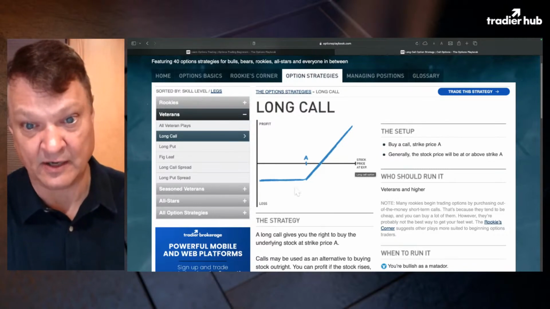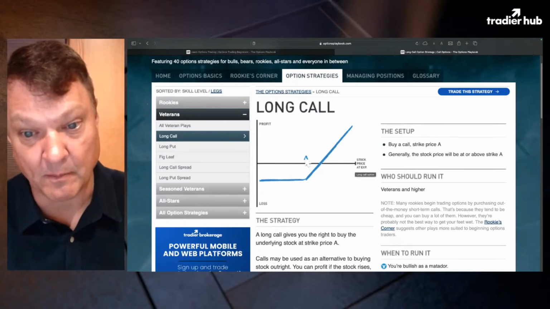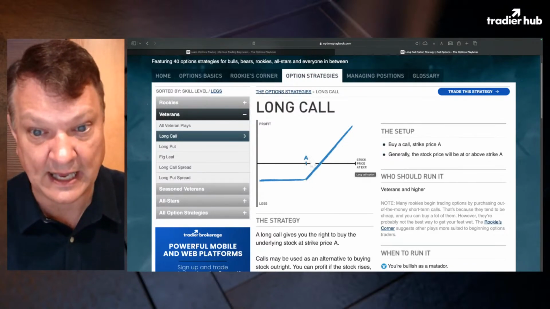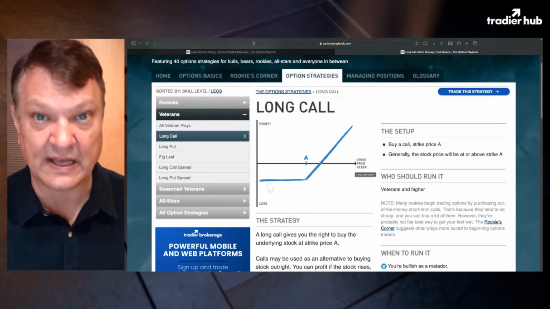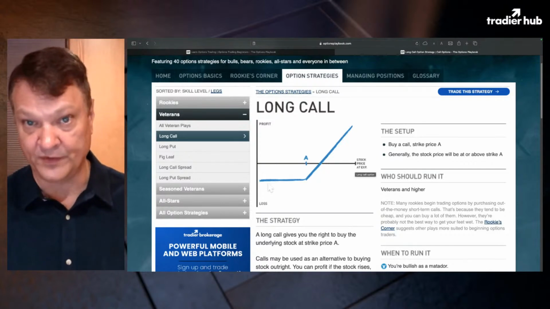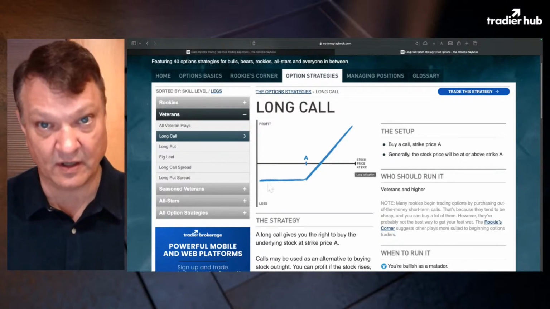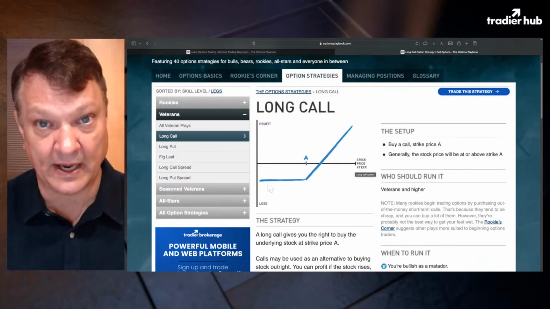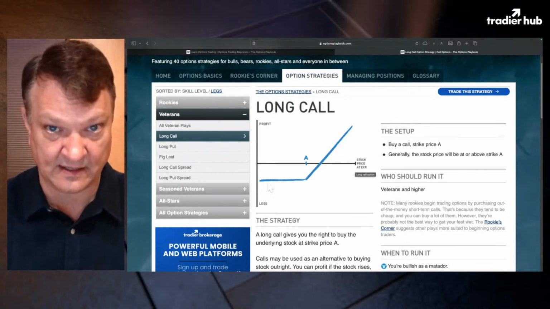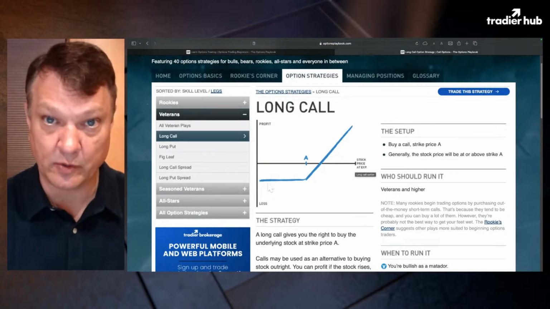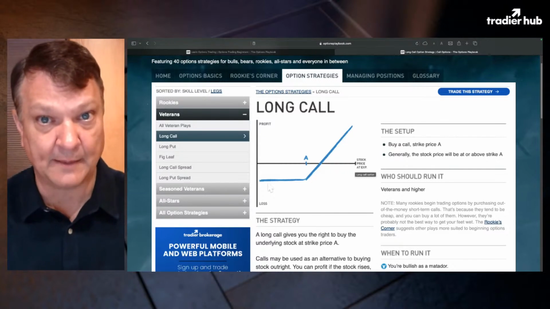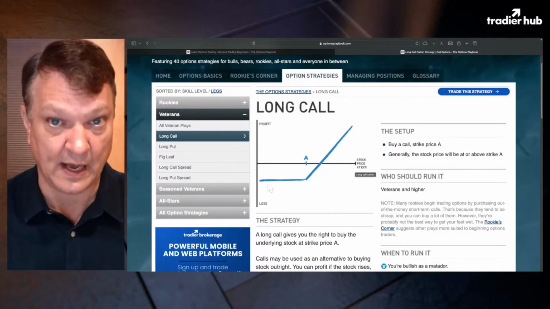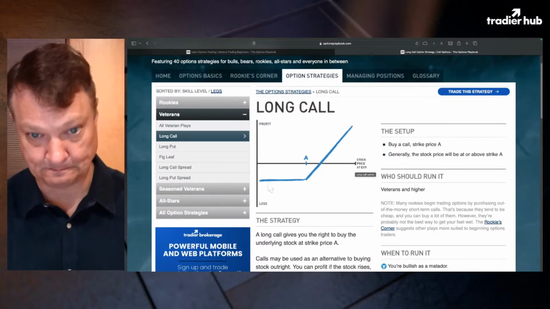If the market is below strike A on that expiration date, you could lose that entire investment. So, moral of the story, watch the leverage. If I normally buy 100 shares of stock, realize that an option contract usually represents 100 shares of stock, and if I'm first trading options, I really just want to buy one option contract overall.